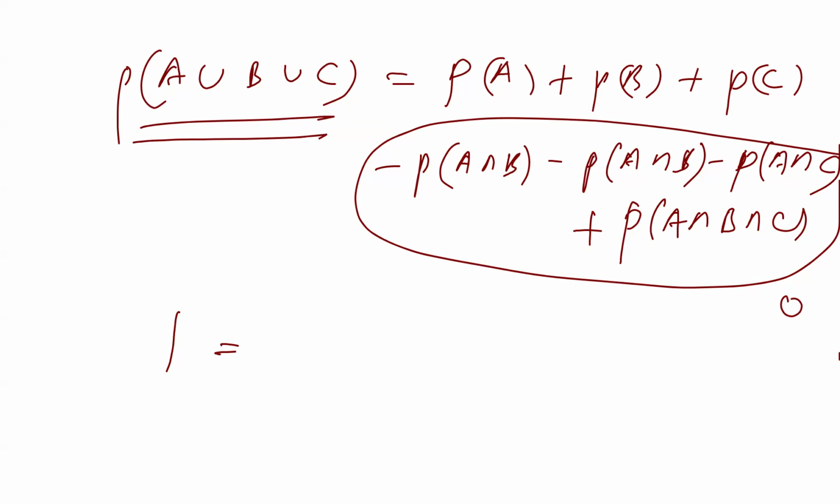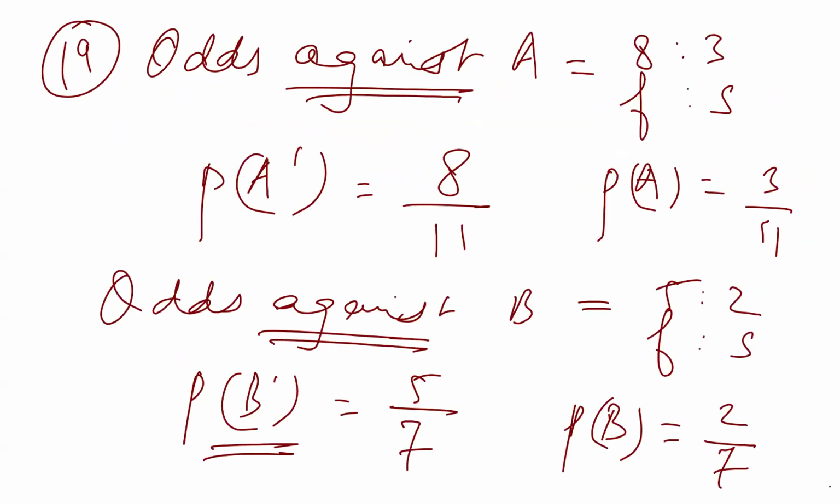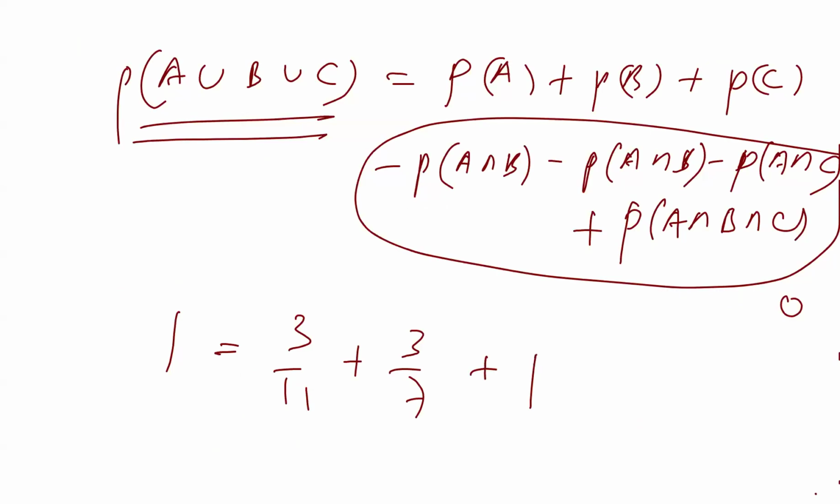P of A will be 3 by 11 plus 2 by 7. Let me just check the values which we have got: 3 by 11 and 2 by 7. Plus P of C. So if you calculate this, P of C will be equal to 34 by 77.